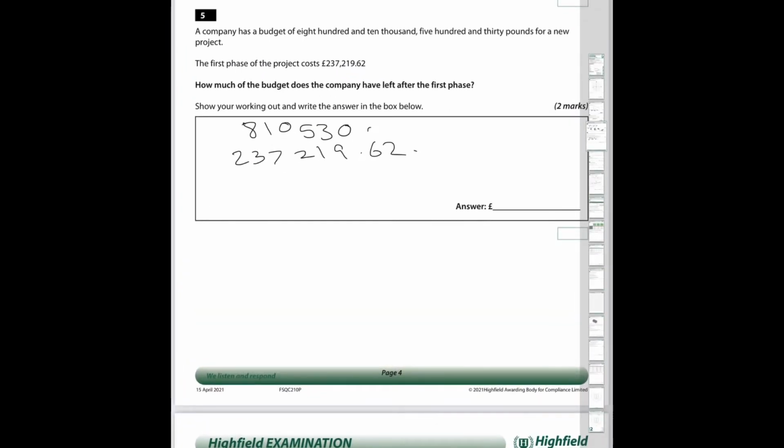Too many numbers to remember. So 573,310.38, and that is your answer. Okay, quite a simple one. It's 2 marks, only because you're converting this number that's been written out into an accurate number. So that's where you get your extra mark.